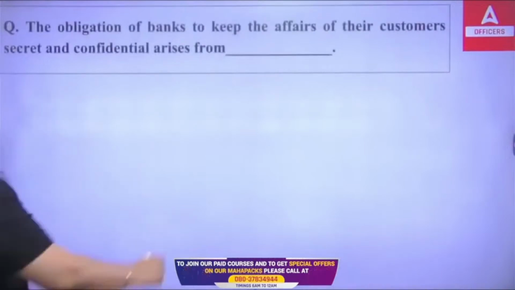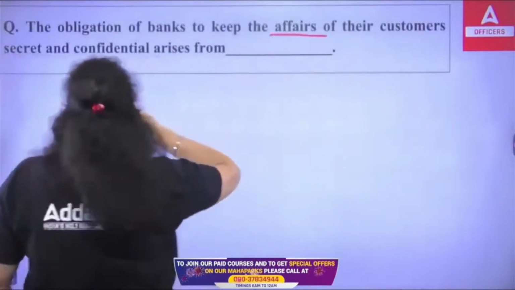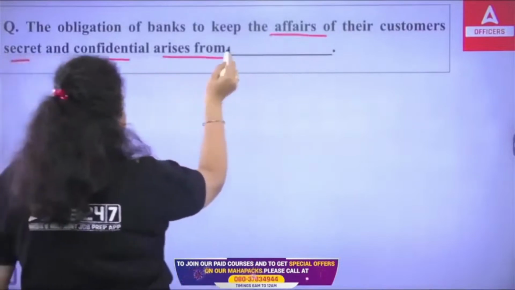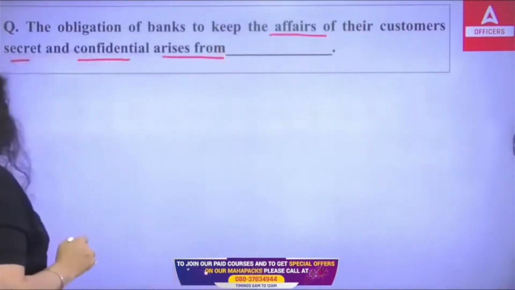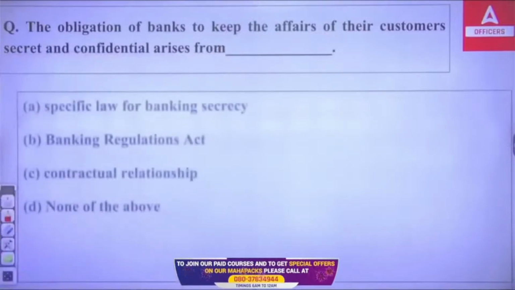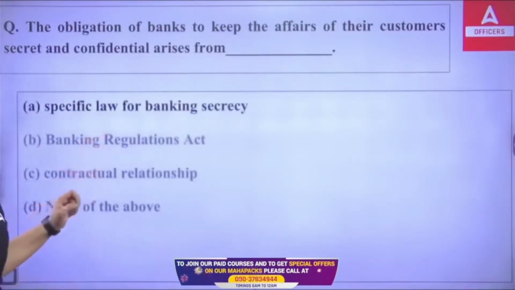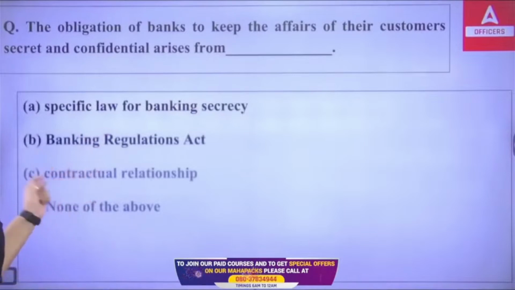the obligation of banks to keep the affairs of their customer secret and confidential arises from dash. First, a specific law for banking secrecy, Banking Regulation Act, contractual relationship, none of the above.